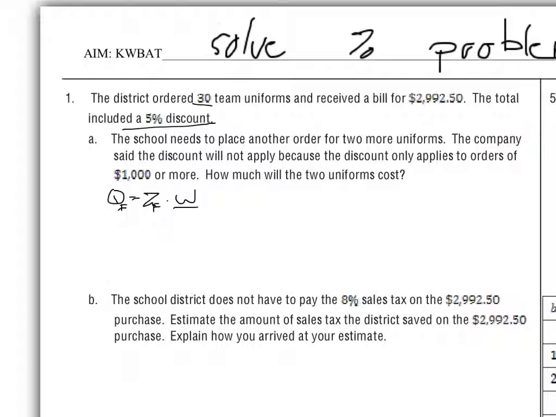We know what the price was after the discount. So when we set this up, this is going to be 2,992.5 is equal to, and then after the discount, that's going to be 95% is what's left over of the original price. So when we think about solving this one, I want to divide both sides by 0.95.